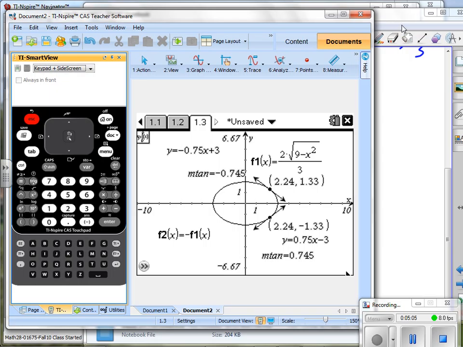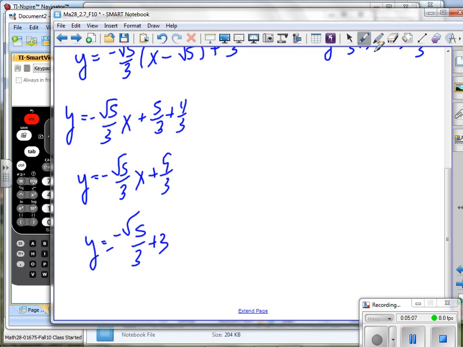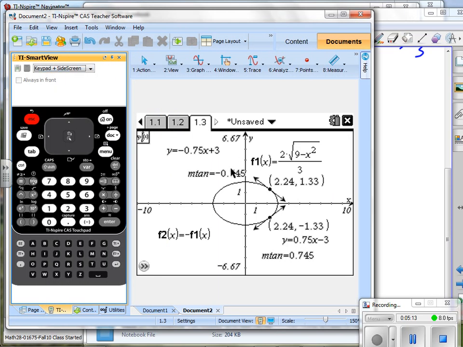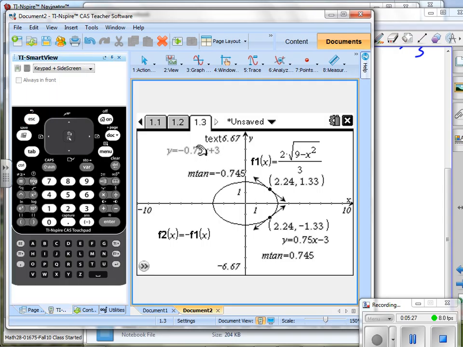Aaron, since you volunteered, do we have the right answer? Is this the slope of the tangent line here? Pardon? Yes. You sure? There seems to be a question in your voice there. Well, let's see. This is the equation for that tangent line. Is that slope? Let's see if I can get that.